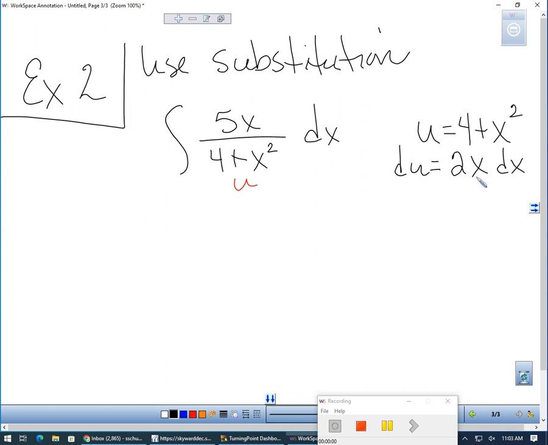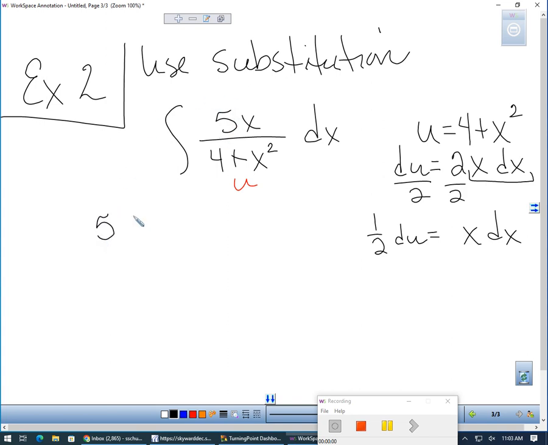All right, so let's get this to be x dx over here. I'm going to divide both sides by 2, so I have 1/2 du equals x dx. Over here, I'm going to move this 5 out front.